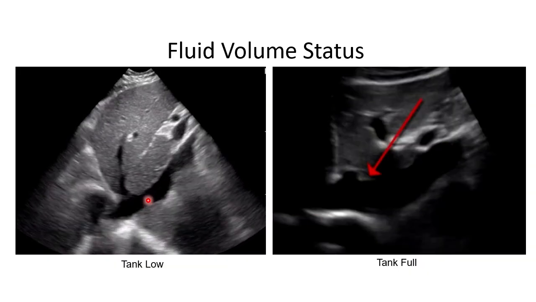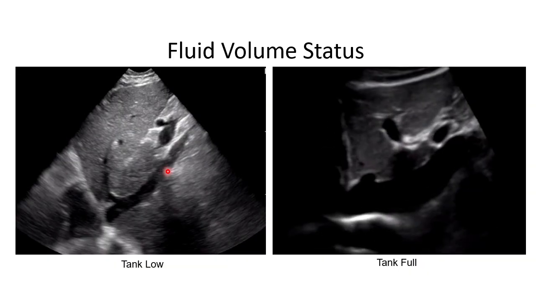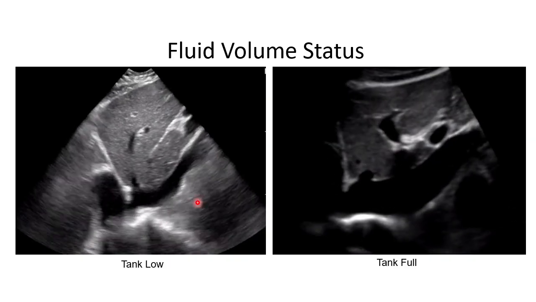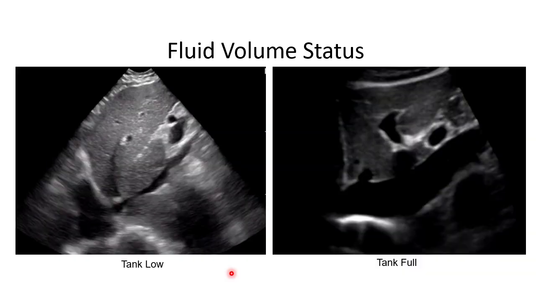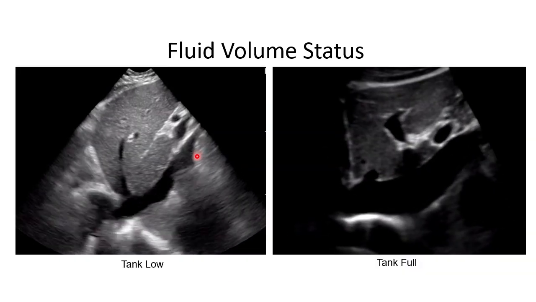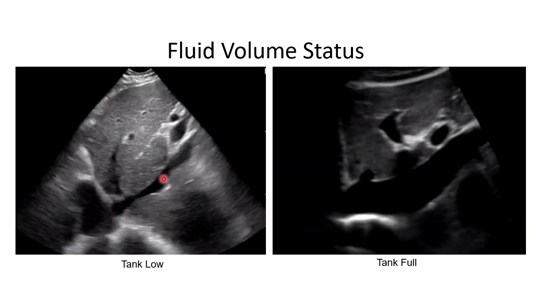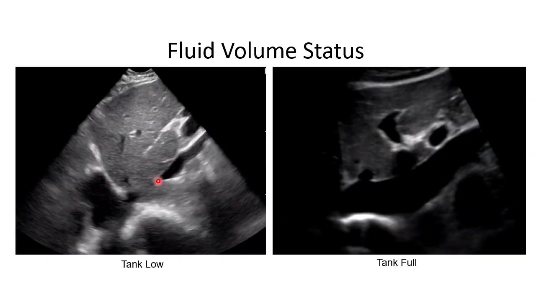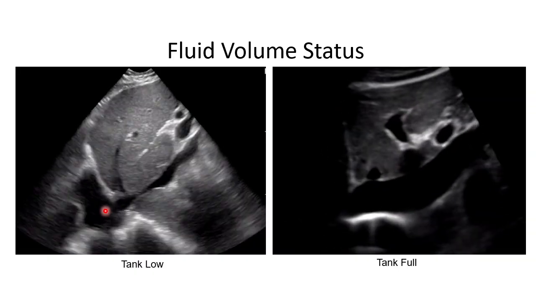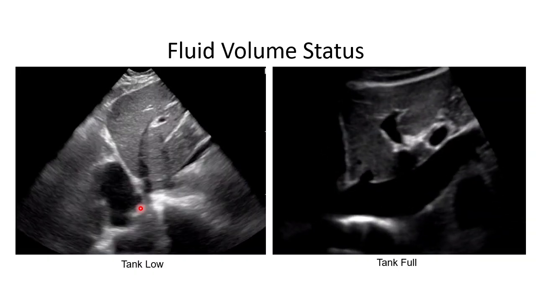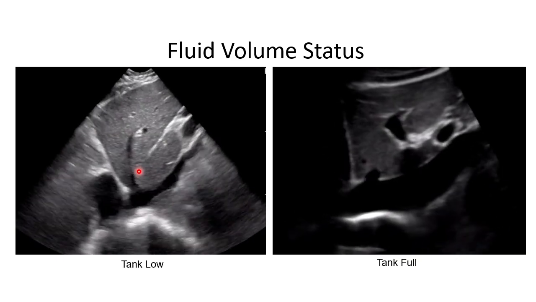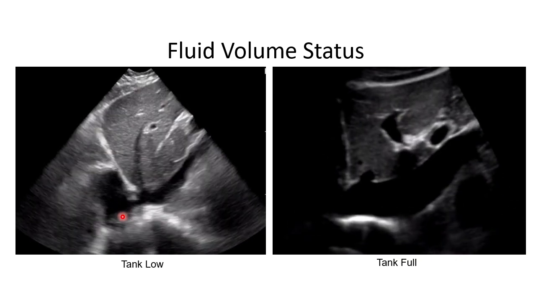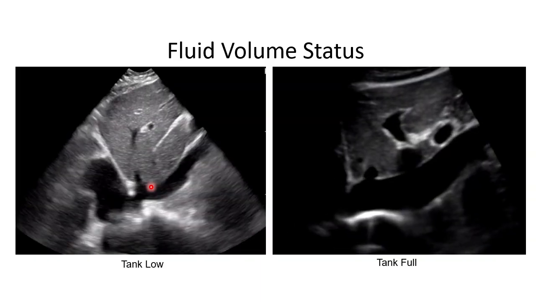On the left, again, this image is 180, but it is quite common to see it both ways when you're in the ICU. Here is a completely collapsing inferior vena cava. We're measuring around here. We're trying to catch the hepatic vein going into the IVC.